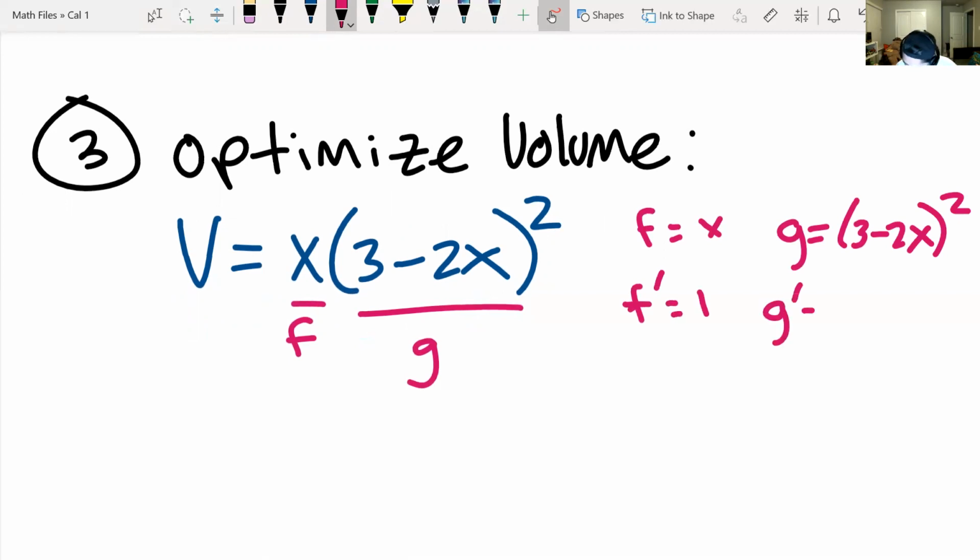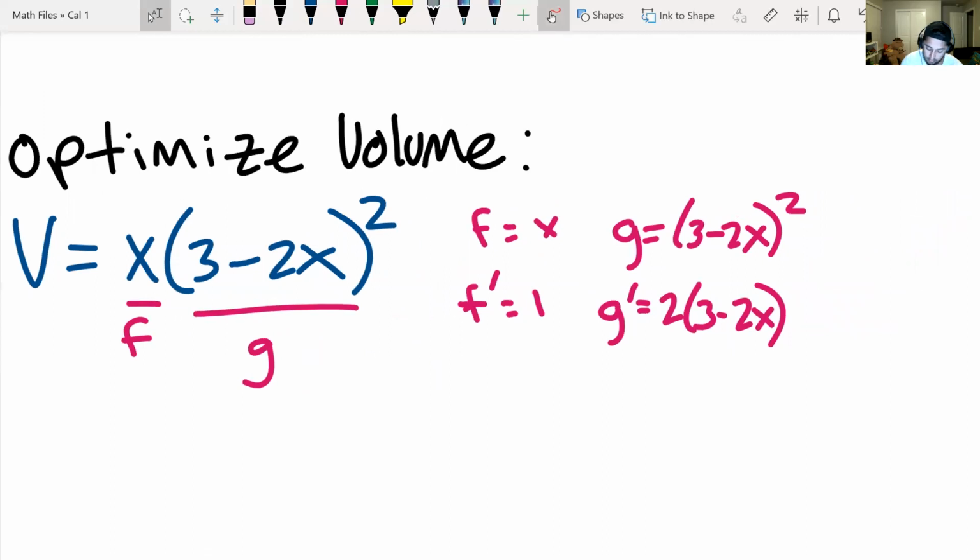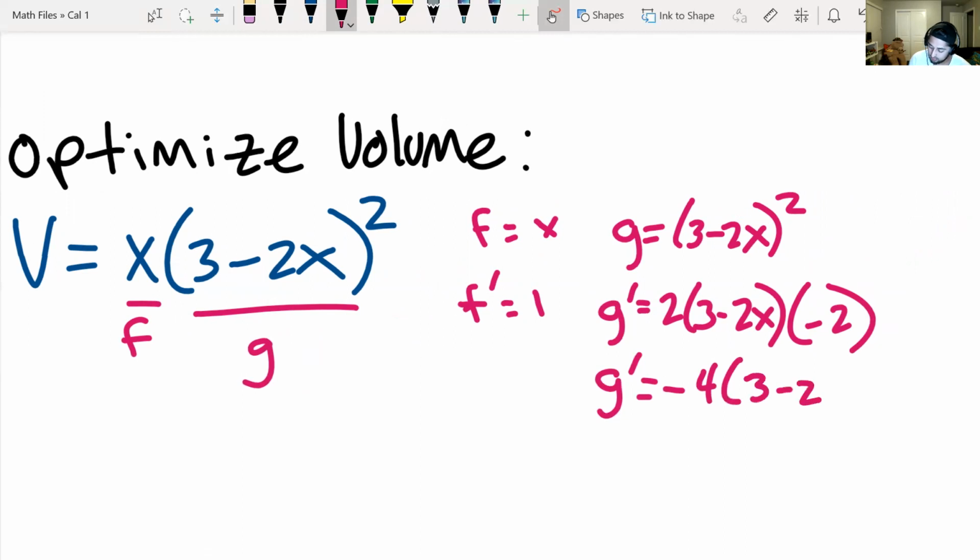G prime is 2 times 3 minus 2x times negative 2. So clean G prime up and you get negative 4 times 3 minus 2x.